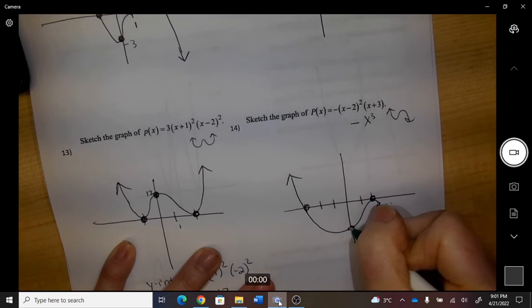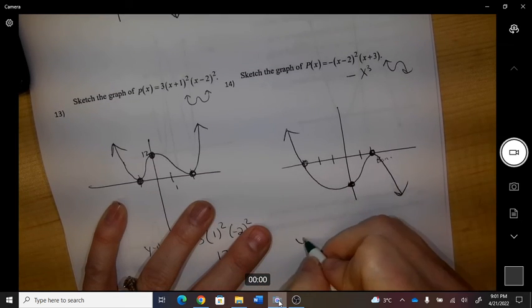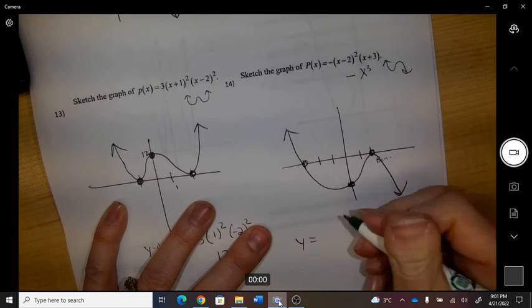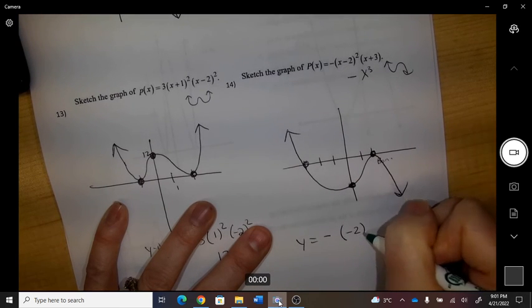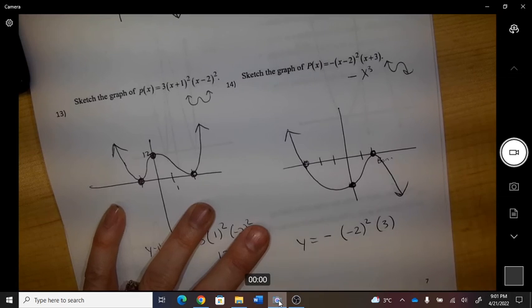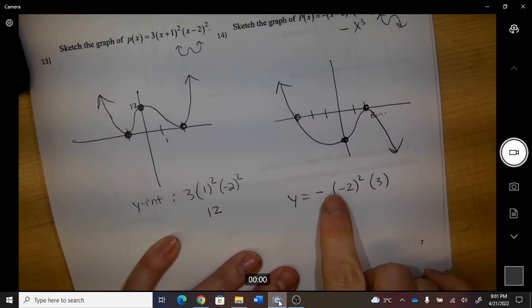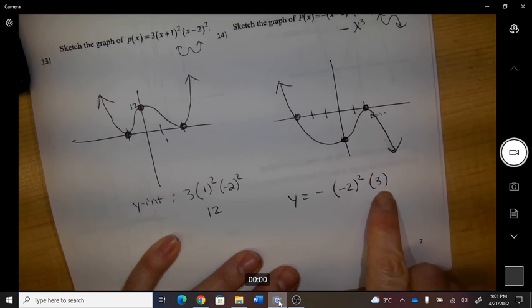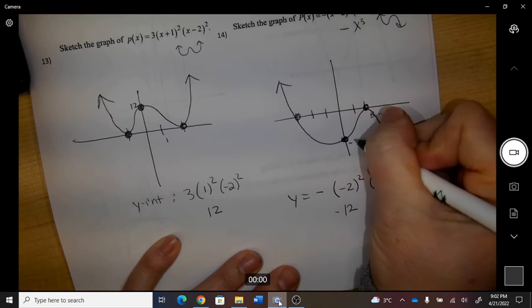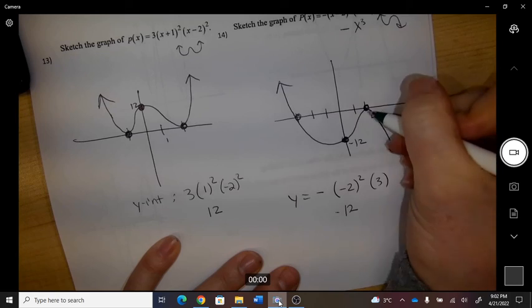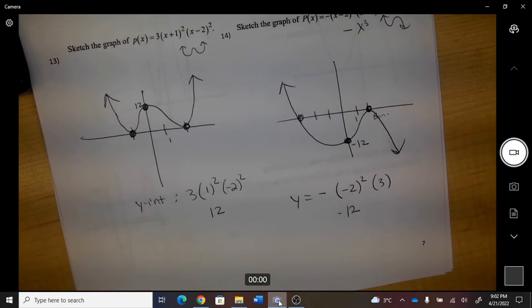So my y-intercept should hopefully be negative. The y-intercept is the negative coefficient times this bracket squared times this bracket. So -1 times a 4 times a 3 makes -12. And I better put a label on my x-axis somewhere.